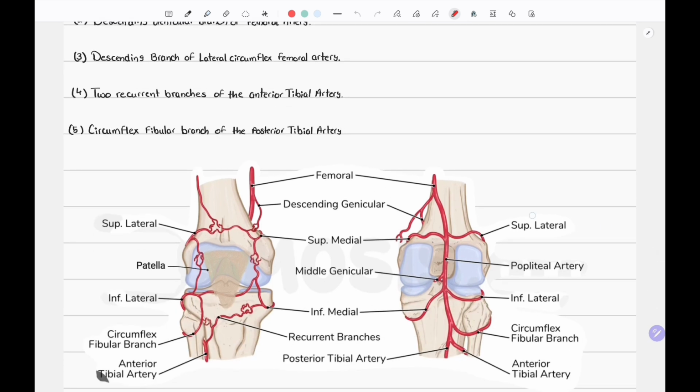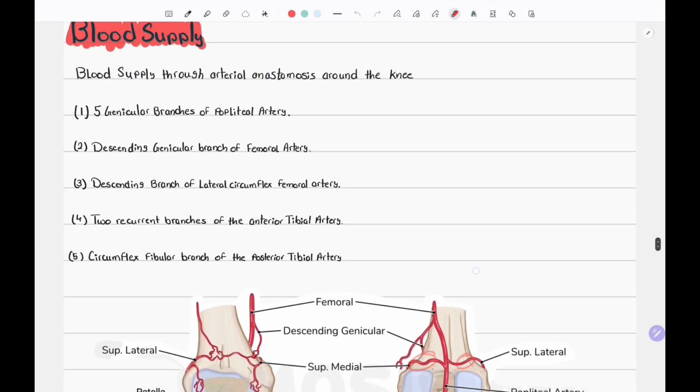So superior lateral genicular artery, superior medial genicular artery, inferior medial genicular artery, inferior lateral genicular artery, and lastly the middle genicular artery. These all 5 arteries are branches of the popliteal artery.